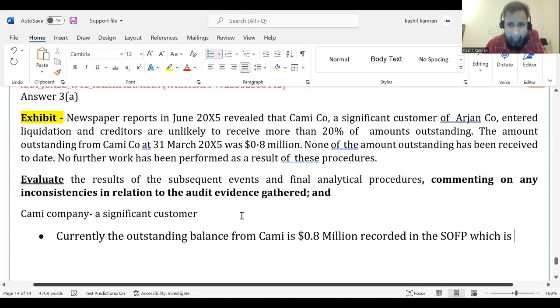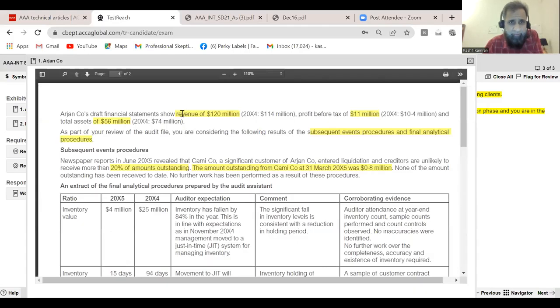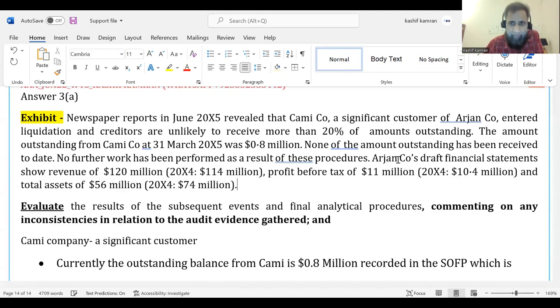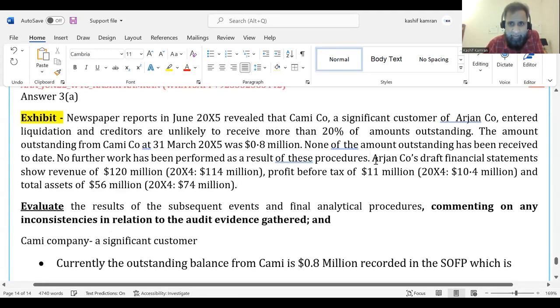What is the total assets of the company? If you can just bring it down on my word processor. The revenue of the company is, okay, if you can just copy this statement and bring it back to my support file so that you can calculate the answer for me. Okay, I'm just writing it over here. The total assets of the company is 56 million, right?